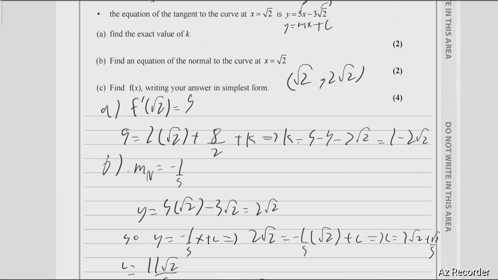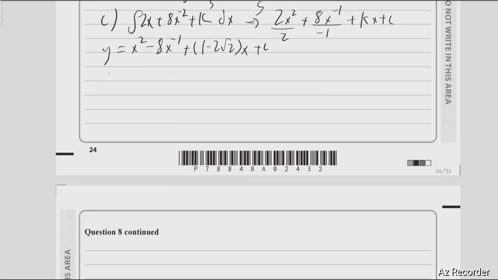Now we substitute the value of the points. 2 root of 2 equals root of 2 squared minus 8 root of 2 to the negative 1, plus 1 minus 2 root of 2 times root of 2 plus c. I'll just use the calculator.